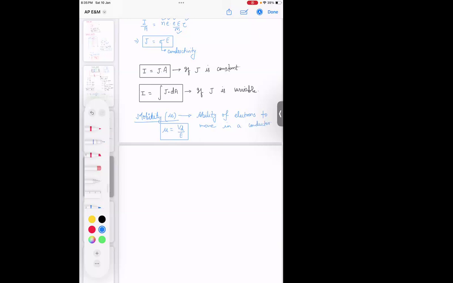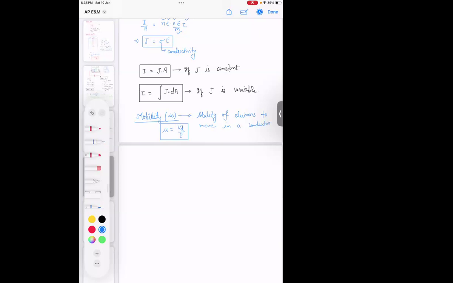Say you apply the same field in two different conductors, and in one case we get more drift velocity. What does it mean? With the same application of field, in one case the electron is more easily able to move in the conductor. So in that conductor, the electron's mobility will be higher compared to the other conductor.